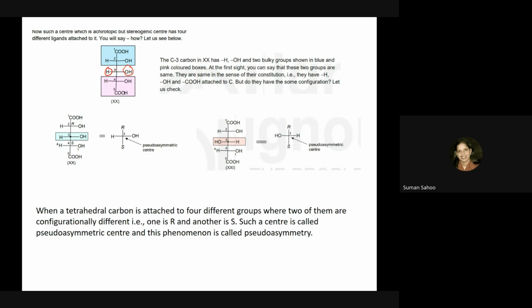If we look at the upper part and give the configuration to carbon number 2, this one is first priority, the COH group would get second priority, and the rest of the group would get the third priority, and hydrogen is in the horizontal, and this one OH is one.